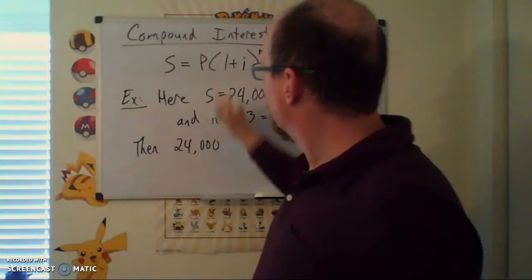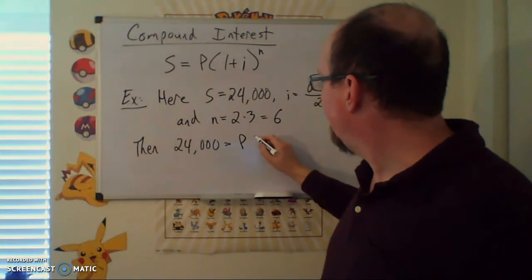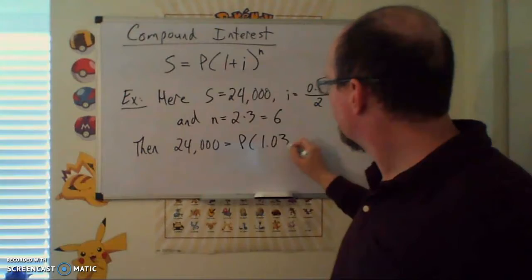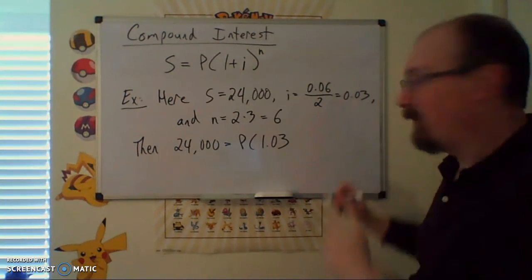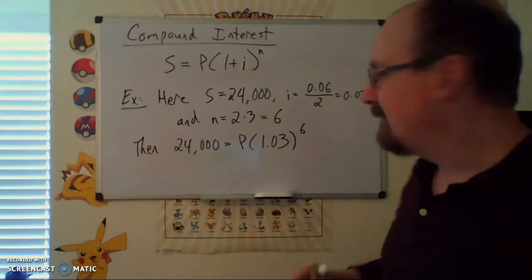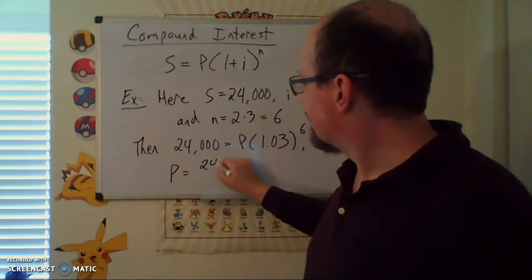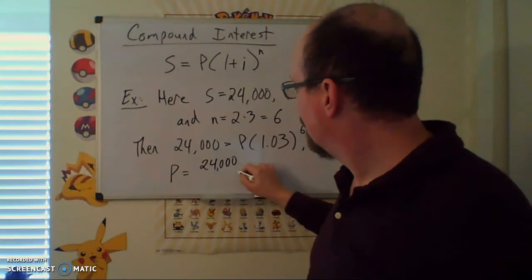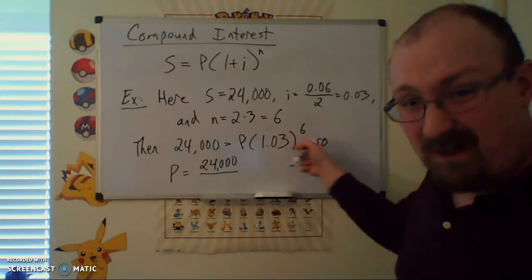All right. Filling in our S value in this formula right here, that's our 24,000. We don't know P. 1 plus I is 1 plus 0.03, that's 1.03 to the 6th. To get P by itself, our usual algebraic song and dance, divide both sides of our equation by this thing.